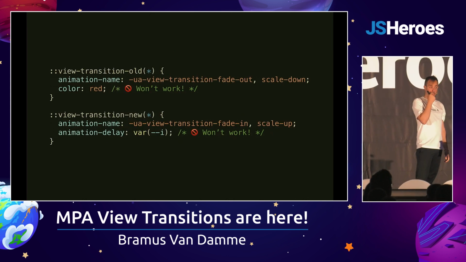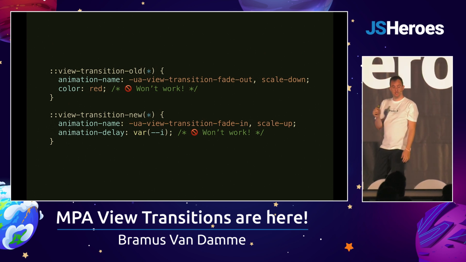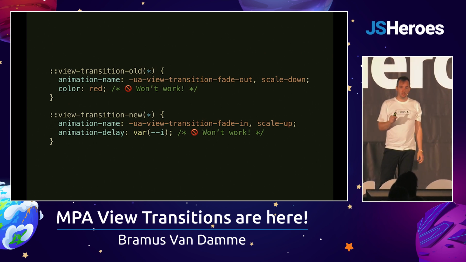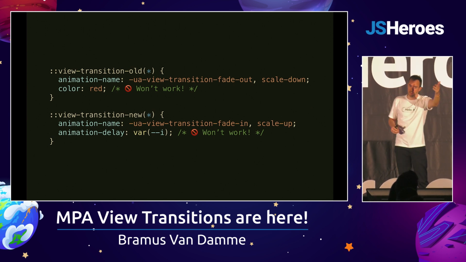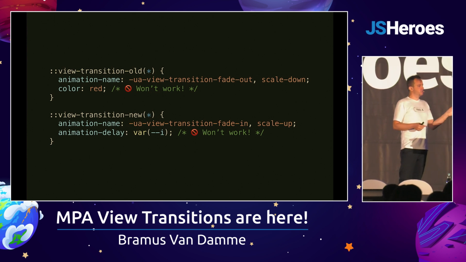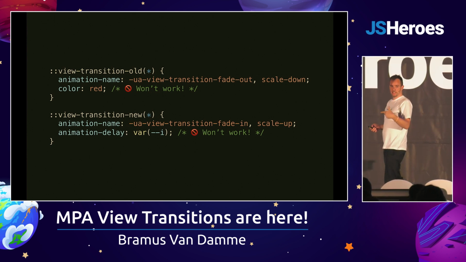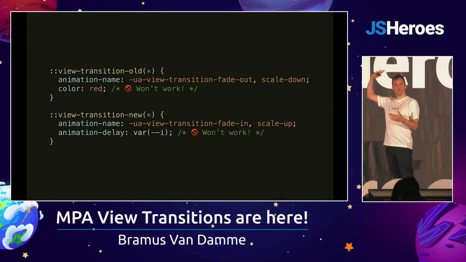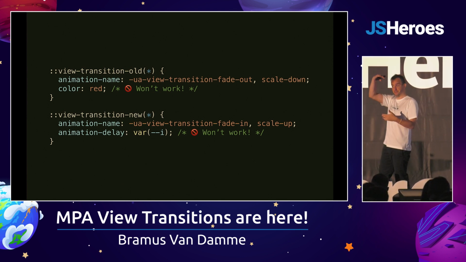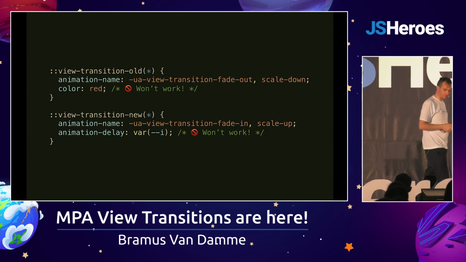So that means that, for example, here with the text inside of these snapshots, I can't change the color of the text because it's a photo of the original representation of the original text. Same thing with accessing a custom property that was declared on that original element. You can't access that in the pseudo because the pseudo is rendered way on top of your DOM tree and not with the element itself. So you can't do that.